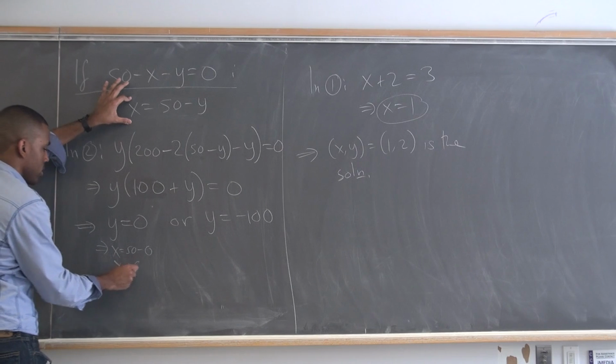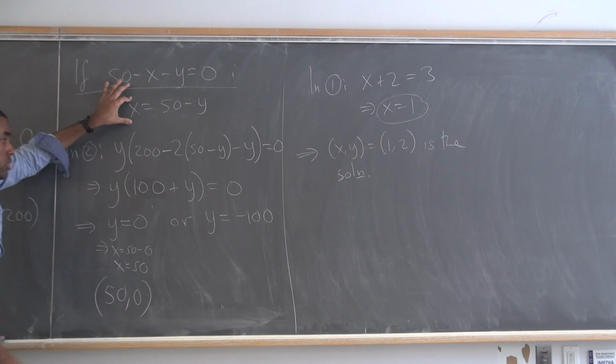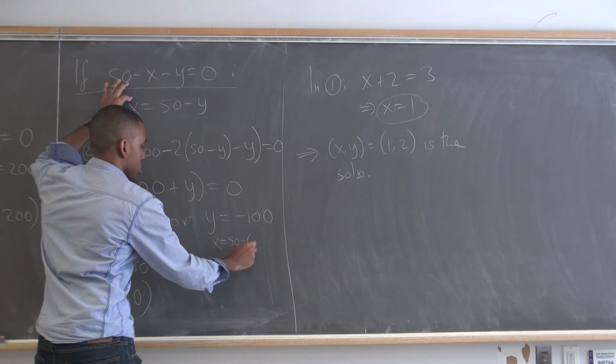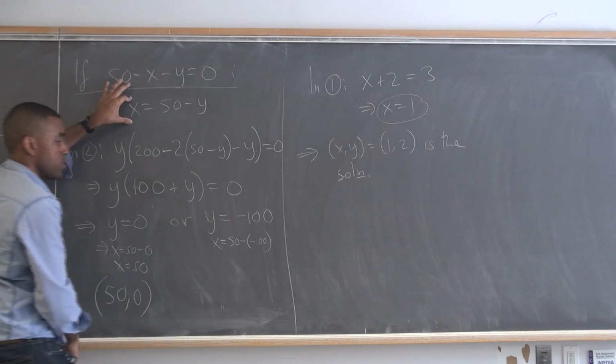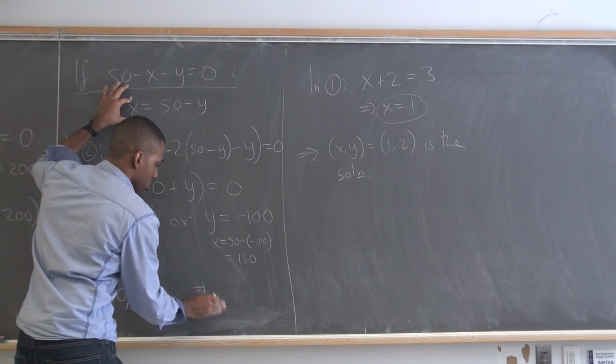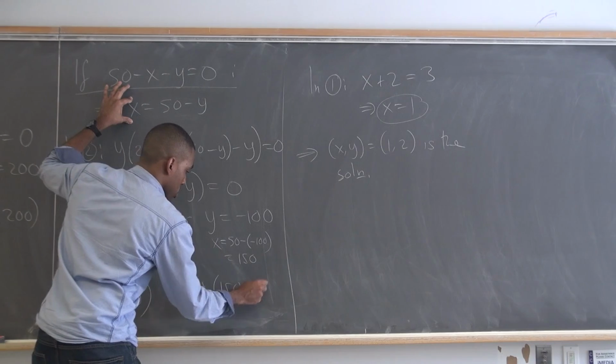So x is 50. So here I get the solution 50 comma 0. Over here, x would be 50 minus negative 100, because it's 50 minus y. So this gives us 150, which gives us another solution of 150 comma minus 100.